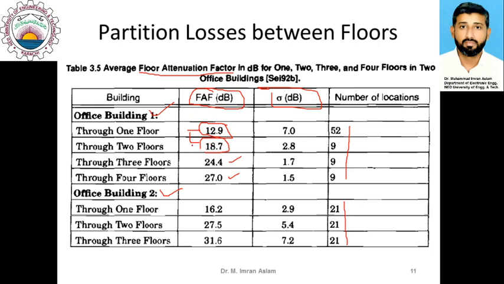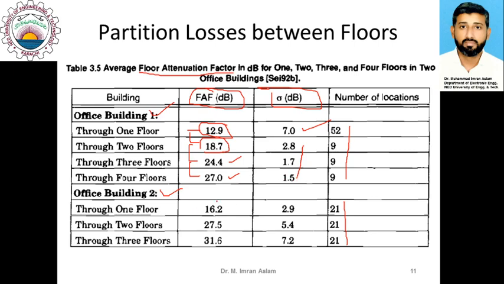For the third floor the additional loss was around 5.5 dB. For the fourth floor, the additional loss was maybe 3 dB. So when the number of floors increases, the attenuation does not increase at the same rate, and the standard deviation is also decreasing. You can see that for the first case the standard deviation was high, but at higher floors the standard deviation was relatively low.